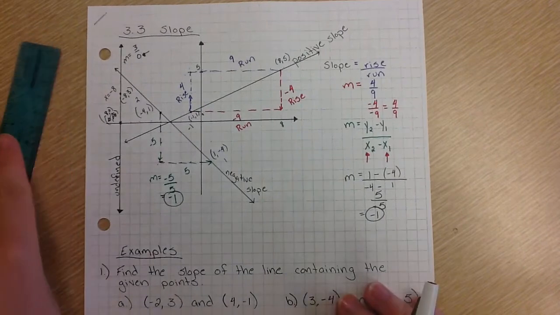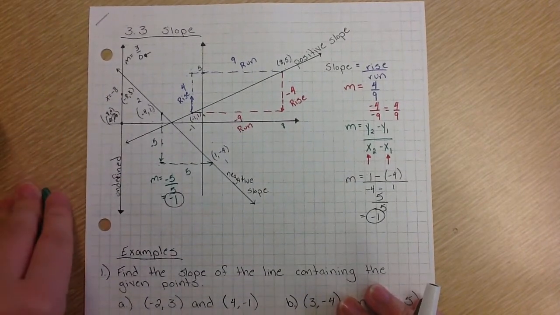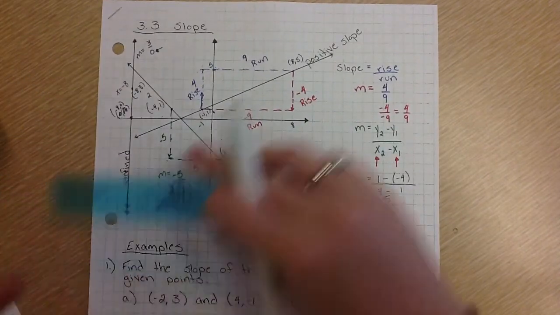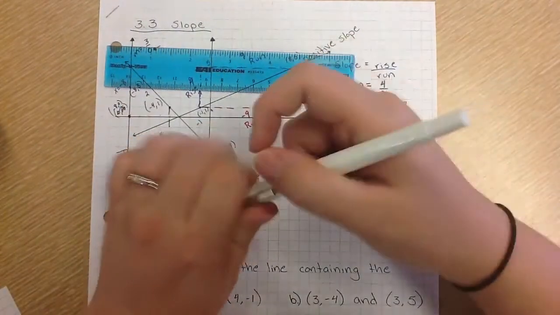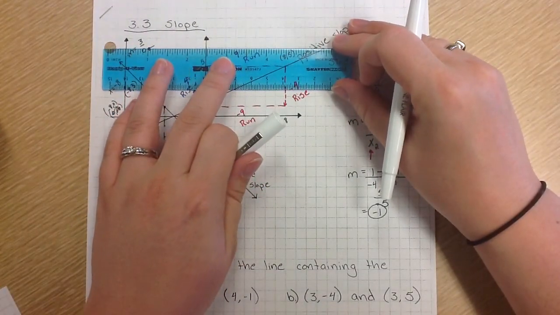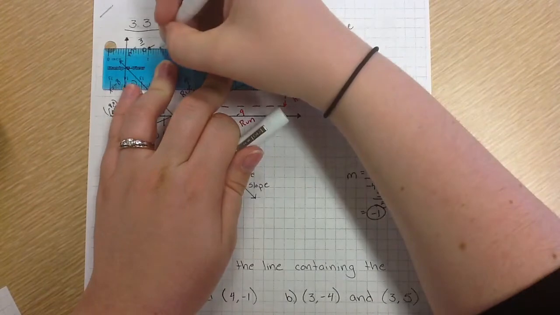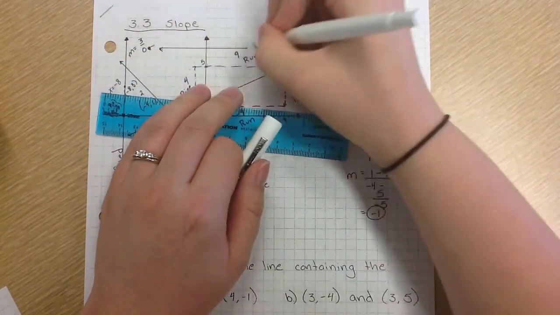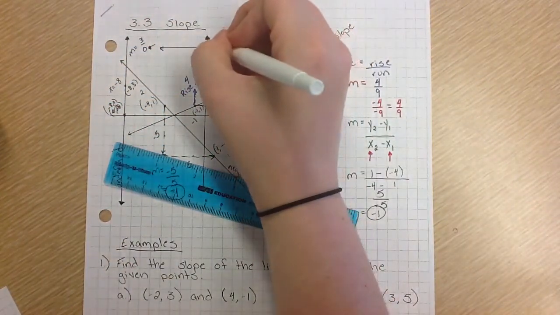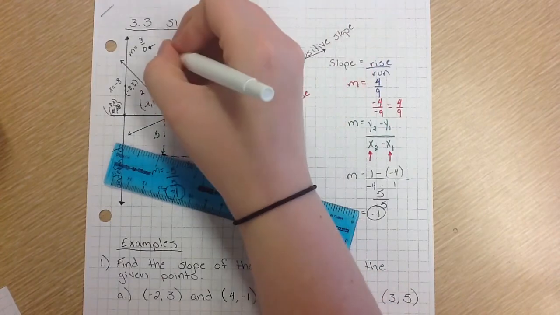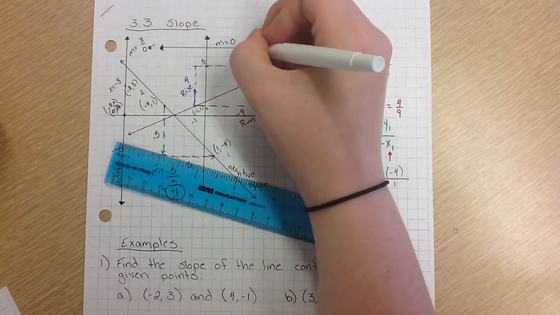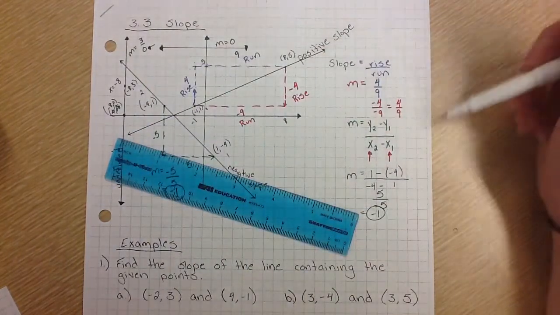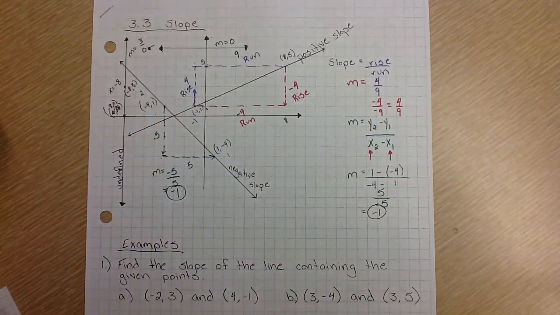Whereas a horizontal line, I'll draw it small, has a slope of 0. You don't necessarily have to remember that. You could always go through the process of finding the slope.